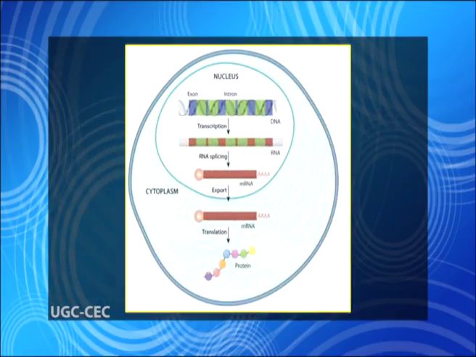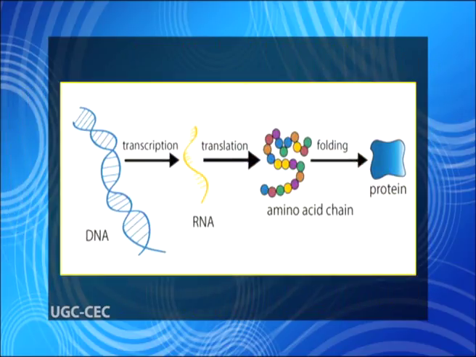Other metabolic processes include gene expression. DNA forms messenger RNA. Messenger RNA forms protein. Proteins behave as enzymes. Enzymes catalyze chemical reactions, and the chemical reactions help in expression of characters.